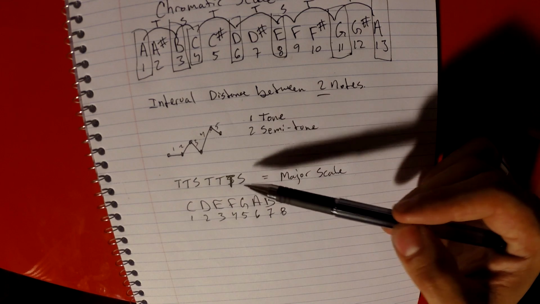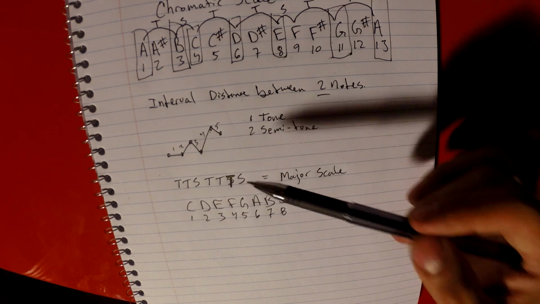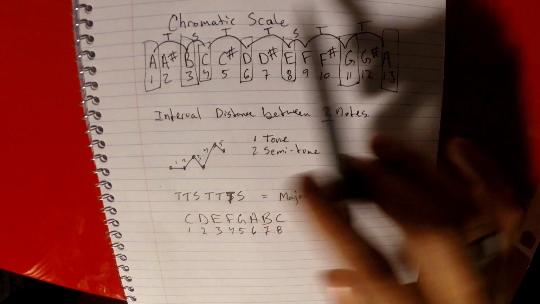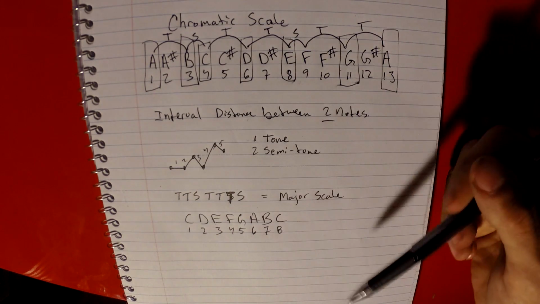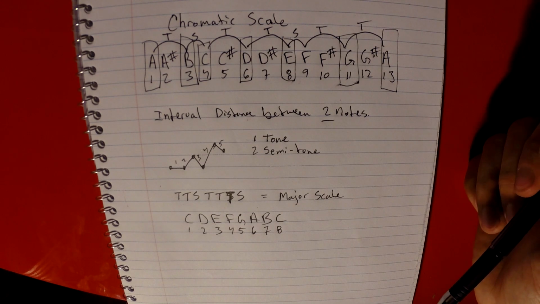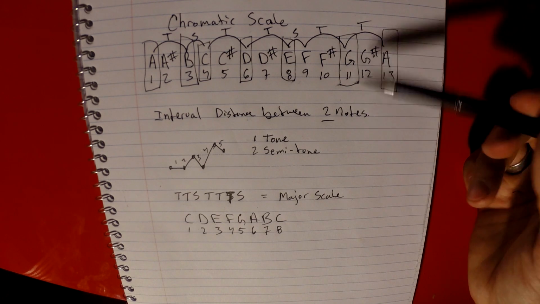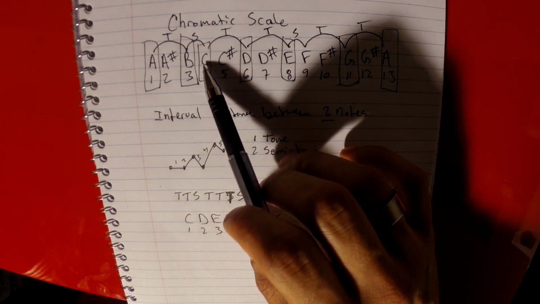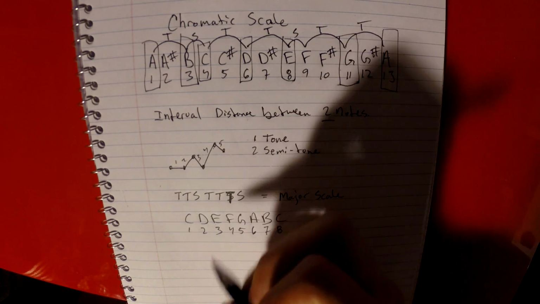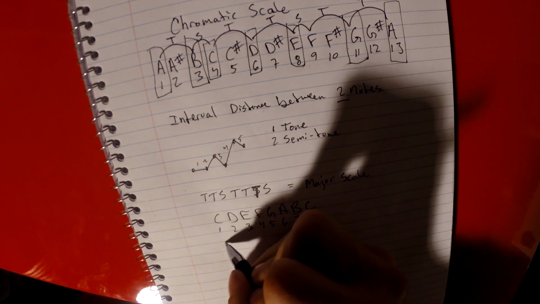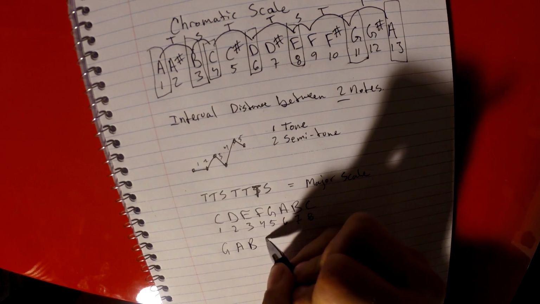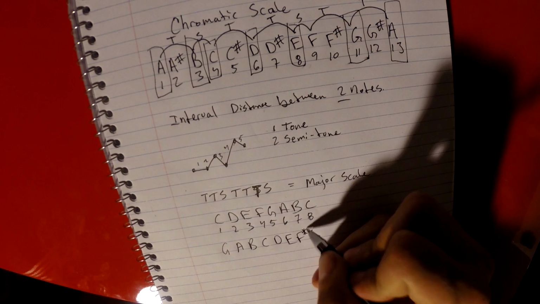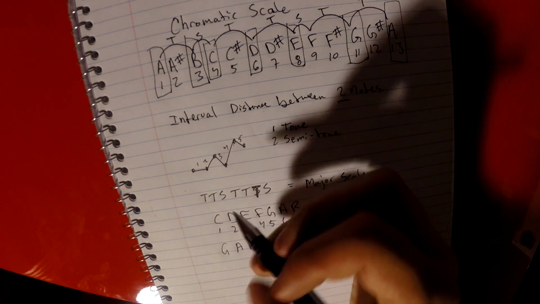You can apply this formula to any starting position, such as starting on A major, and if we were to go tone, tone, semitone, tone, tone, tone, semitone, we could extract the A major scale. If we want to go, for example, to G major, G to A would be a tone, A to B would be a tone, B to C would be a semitone, and what we would end up getting would be G, A, B, C, D, E, F, and G. F would be sharp, and that allows the semitone.